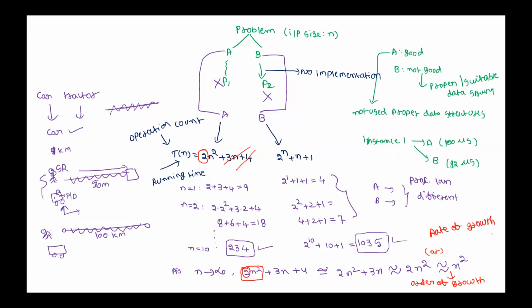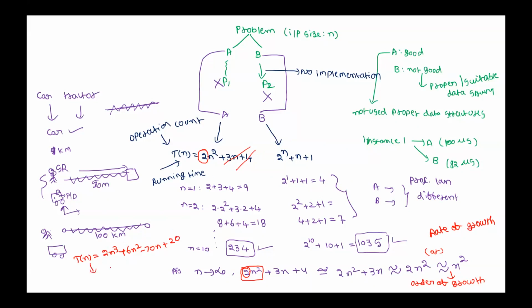So how do we get the order of growth or rate of growth? After getting the algorithm's running time, first calculate the running time, then drop the lower order terms. For example, if T of n is 2n cube plus 6n square minus 70n plus 20, what is the order of growth here?